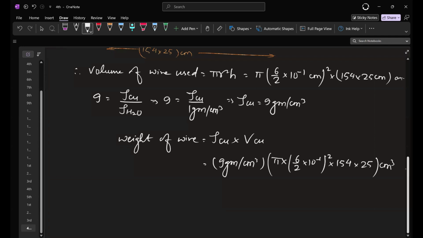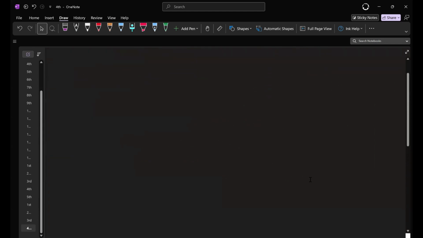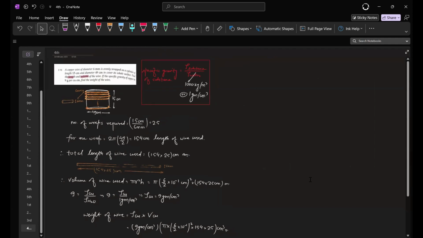It means this is going to be the final answer for the weight of the wire. Not doing the mathematical calculation, but this is how you'd solve the question. Take a good look at the whole thing and tell me in case of any doubts at any point, then we'll continue further.